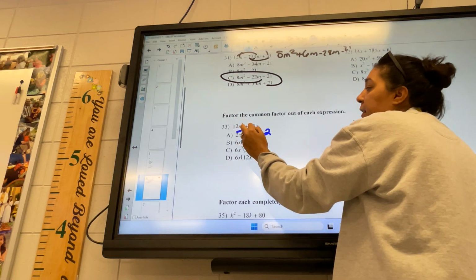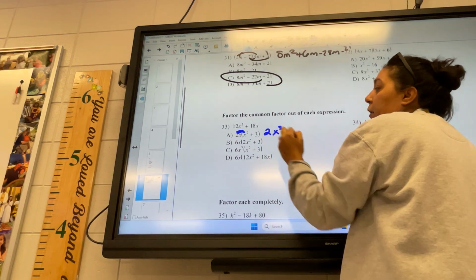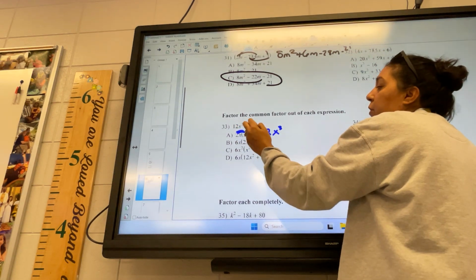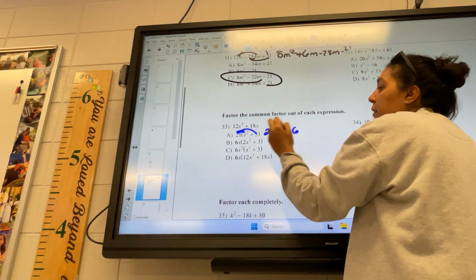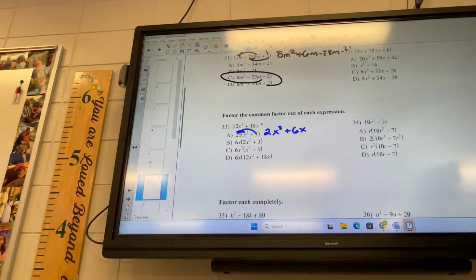From this guy to this guy, how many x's are there? There are 3. 2 times 3 is going to be 6, and then there's 1x. Does that match the problem that they gave us? No. So we know that it's not that one. You could go through and do that with all of those.